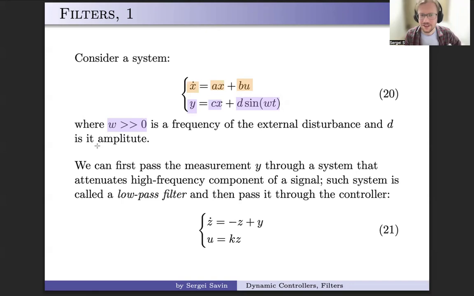All right. So we have this kind of thing. Now, what we can do is try to filter out this high frequency noise by passing the measurement through a filter that attenuates the high frequency component. You remember our discussion with Bode plots, where we said that your system has an amplitude response. There's a specific amplitude of the output harmonic, which depends on the frequency of the input harmonic. Any system has this characteristic.